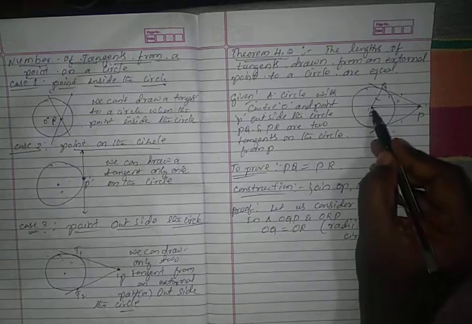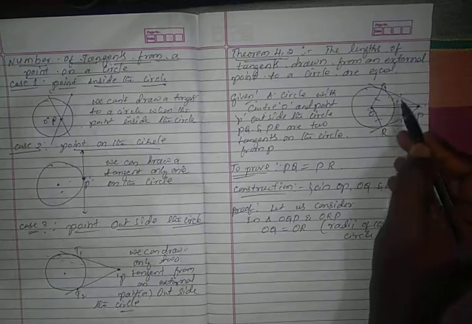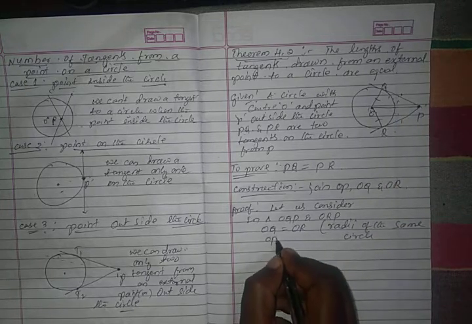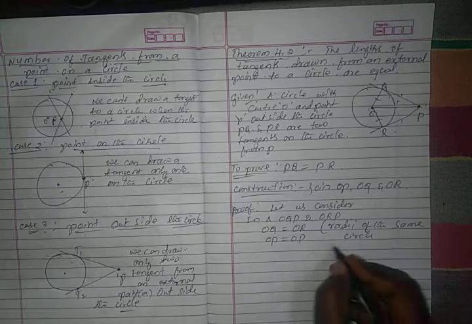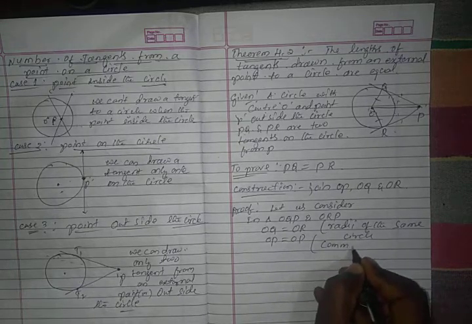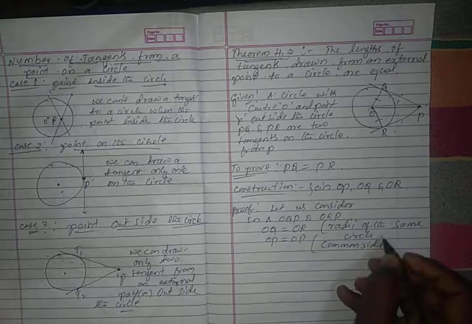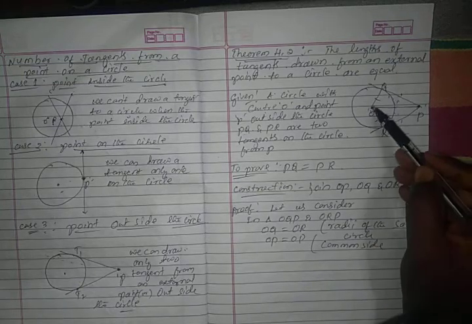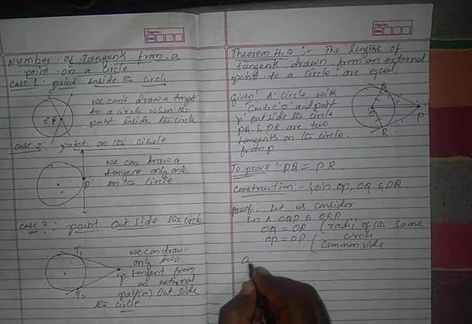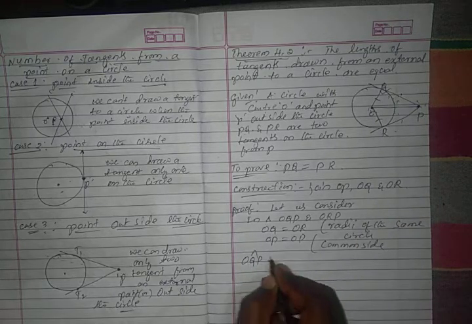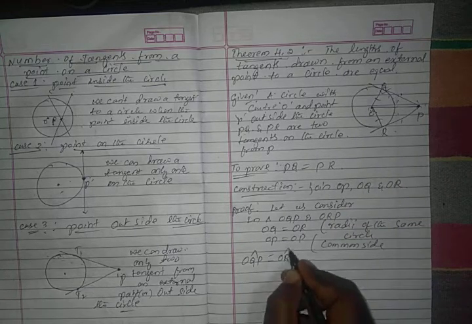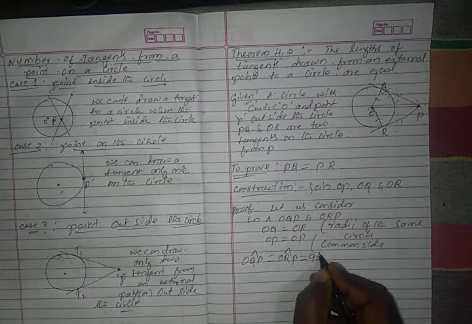Second, OP is common to both triangles, OP is equal to OP, a common side. And also angle OQP, 90 degrees, is equal to angle ORP. So both are equal to 90 degrees.